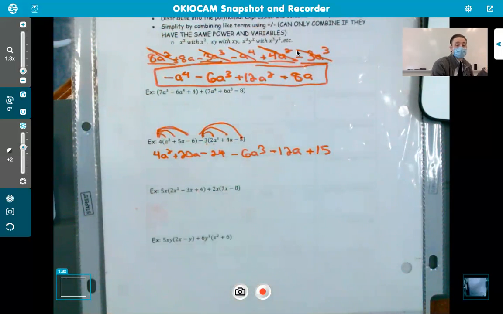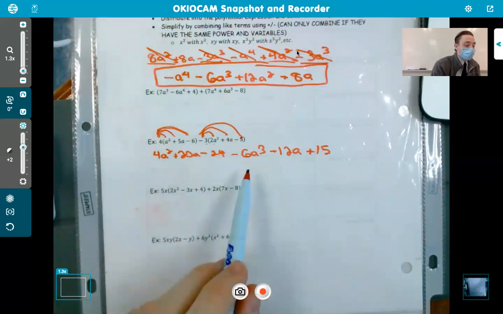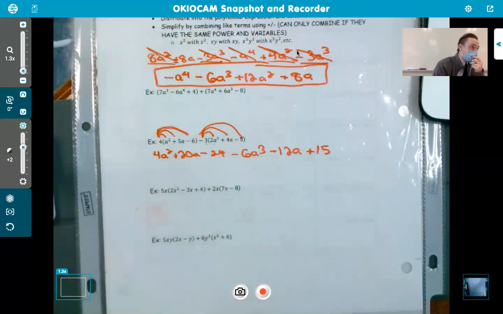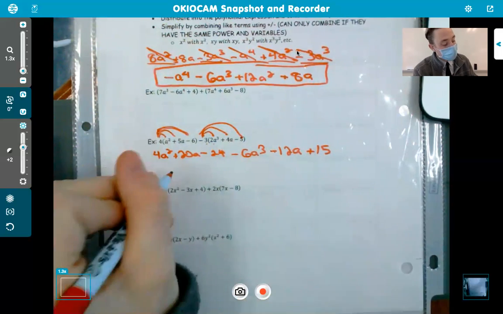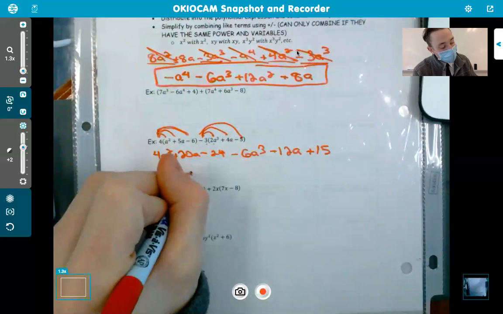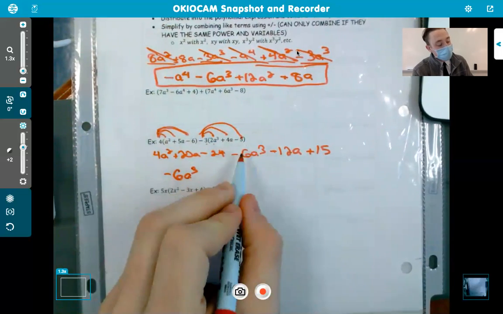So not only have I distributed that coefficient term, that 3, but I've also distributed the negative with it. So I did 2 steps at once, essentially. Now I'll go through and combine like terms. What's the highest exponent that I see here? 3. Right. So the exponent's 3, and it's the negative 6a cubed. And I can't combine anything with that, right?